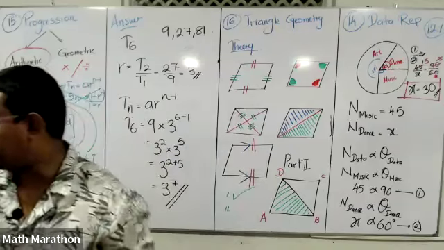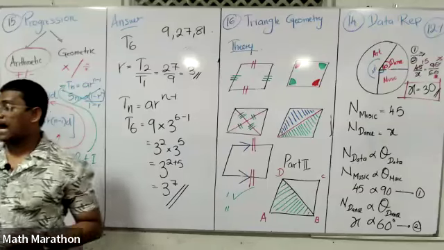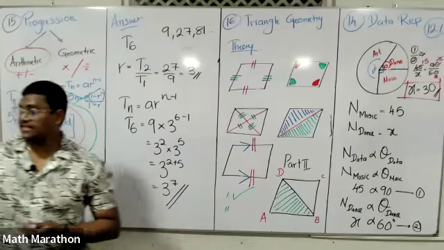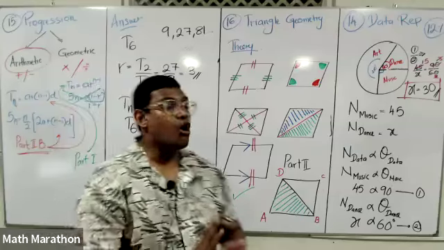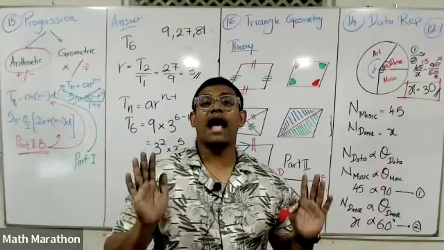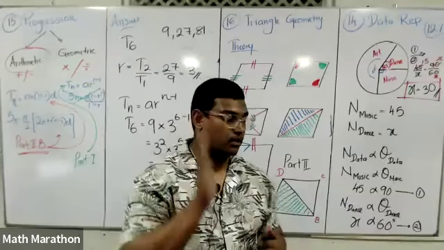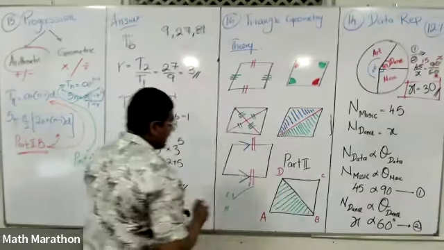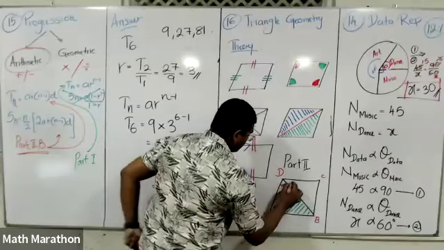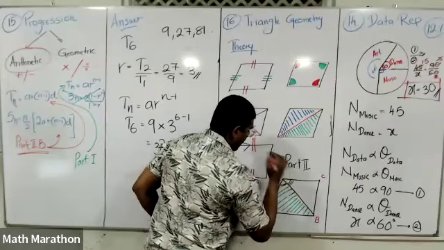The second one, the diagonal BD bisects angle ADC. No one spoke about angle bisectors. There are no angle bisectors, okay? So we can't say this angle and this angle are equal.